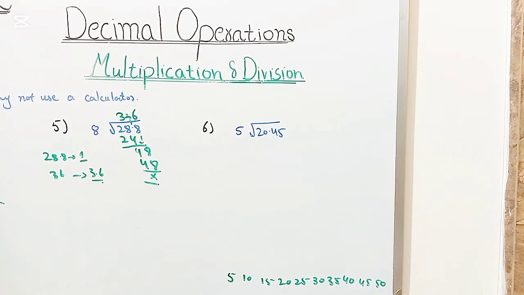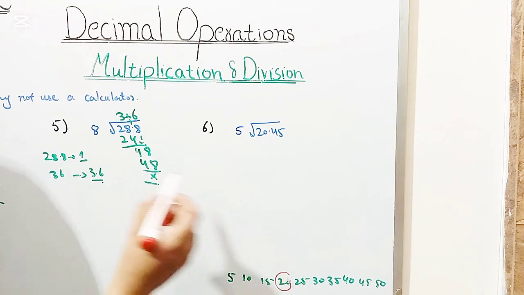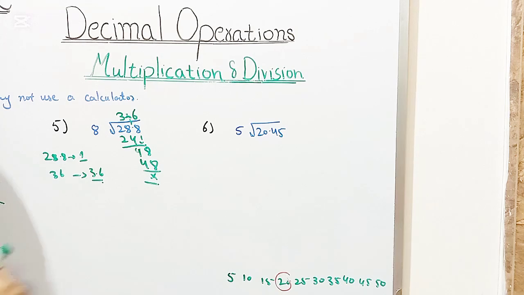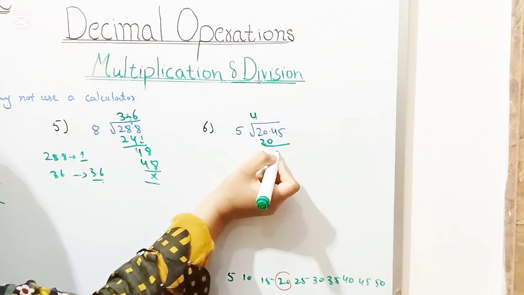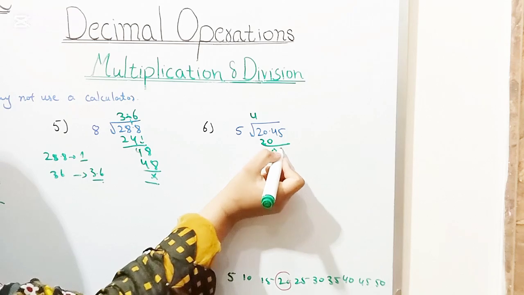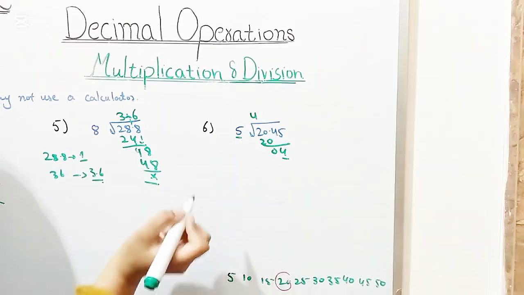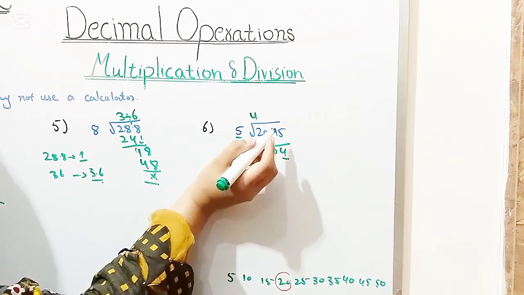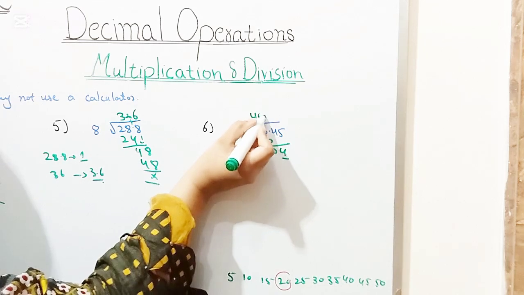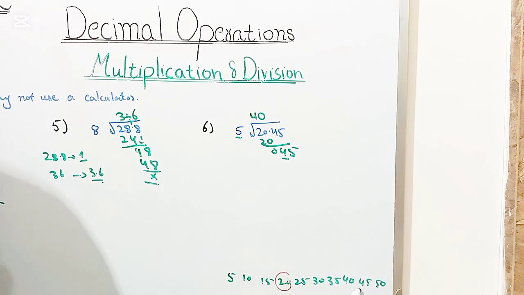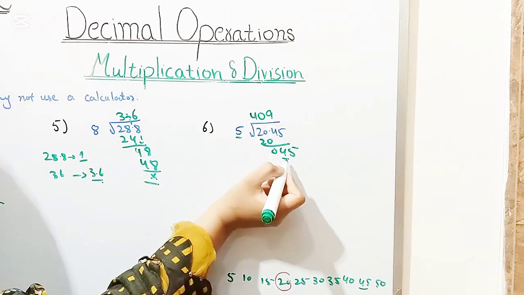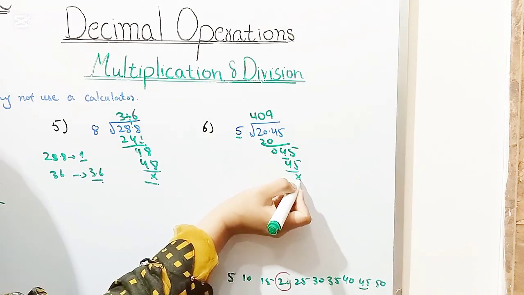Next, 20.45 divided by 5. 5 1s are 5, 5 2s are 10, 5 3s are 15, 5 4s are 20. So I will write 5 4s are 20. Next 0 will come here. Then 4 is less than 5, so I will place 0 there. Then 45. So 5 9s are 45.